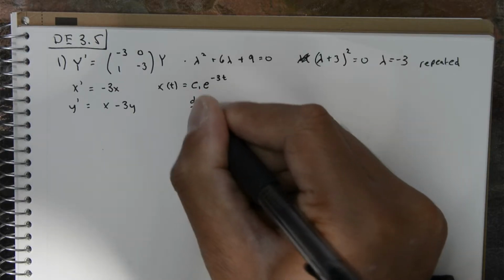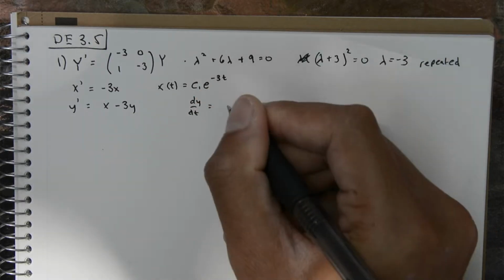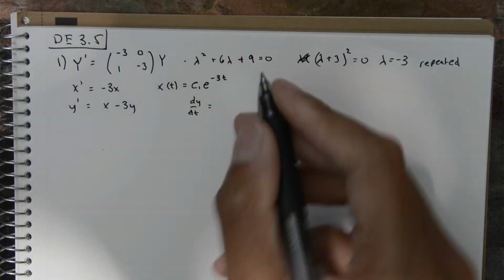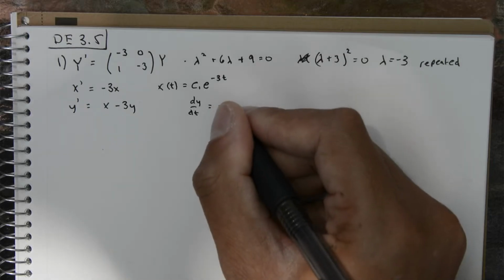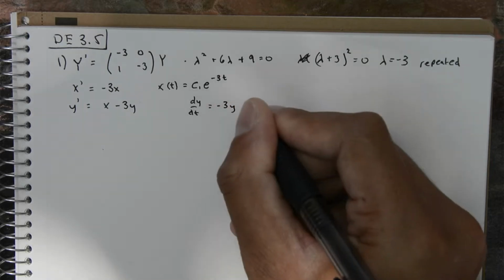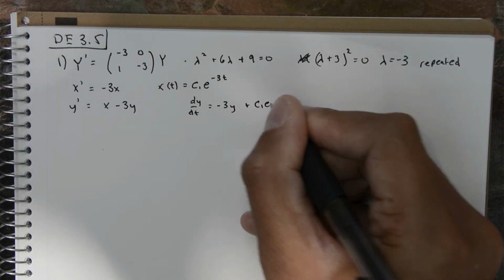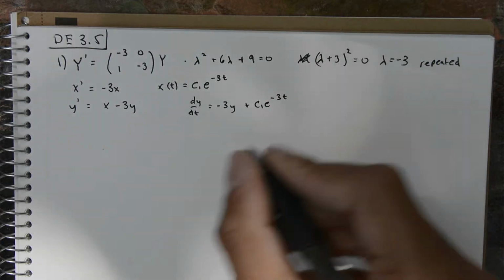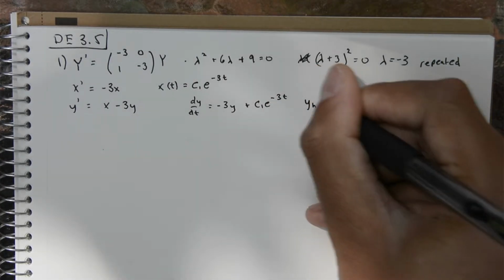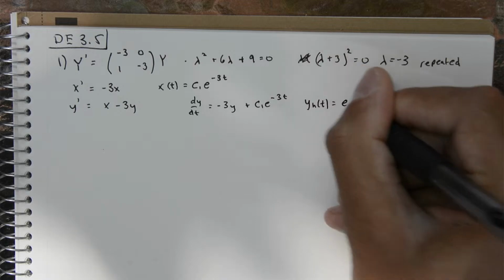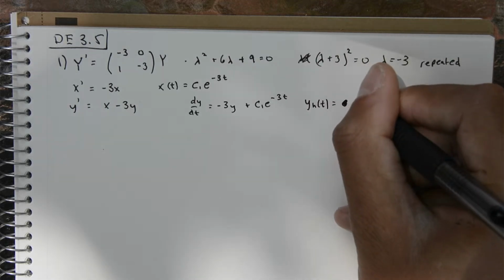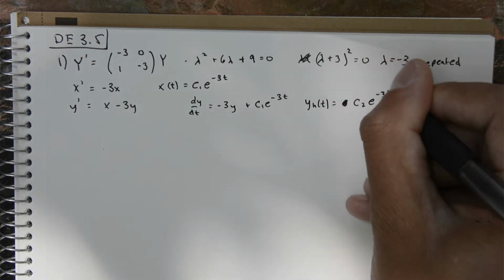dy/dt is equal to minus 3y plus c1 e to the minus 3t, and then we can figure out that the homogeneous solution of y is going to be equal to c2 e to the minus 3t.